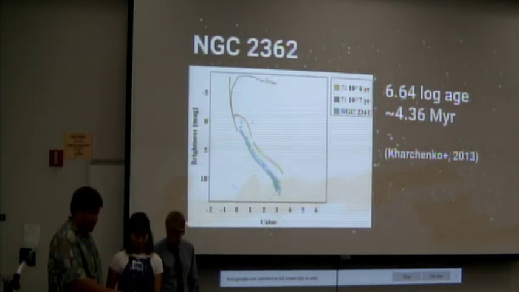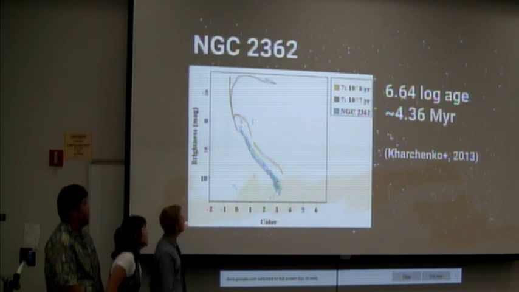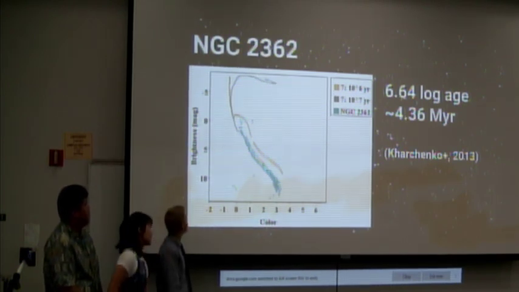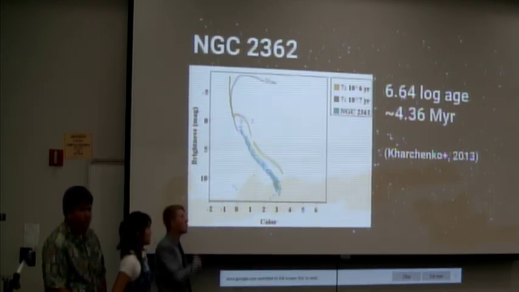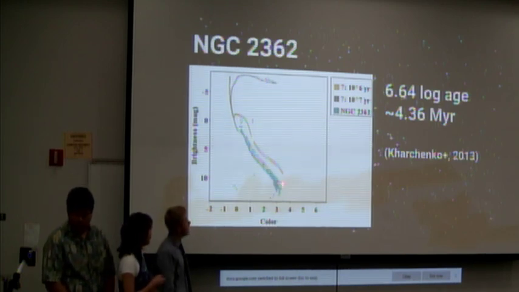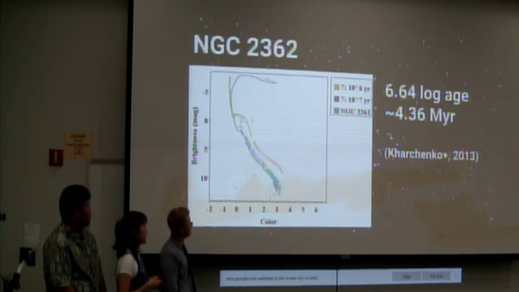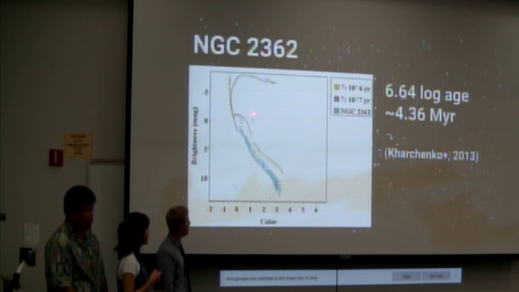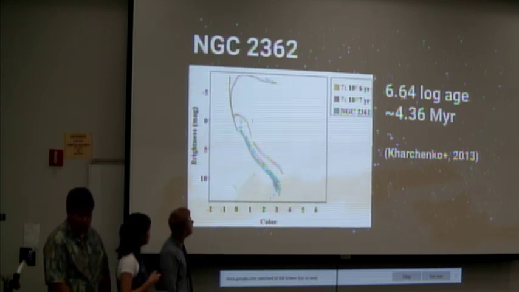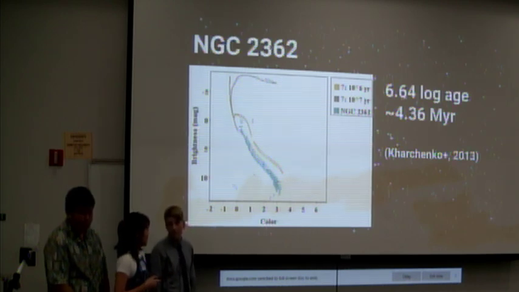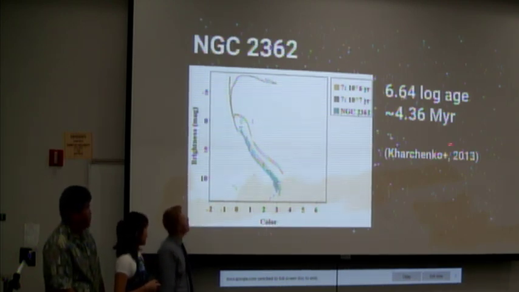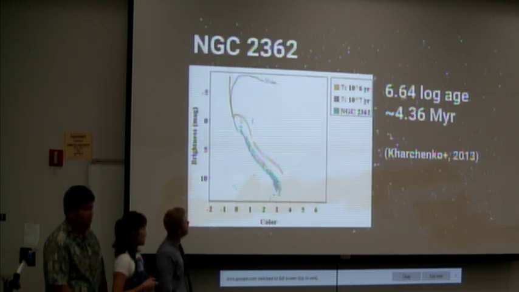Okay, so this is another cluster we should also look at. This cluster is about 4.26 million years old, so in log age it's about 6.64. You can tell that it's following the trend for a cluster, or the model for a cluster, that would be about 10 million years old. The reason that it's not exactly a nice cone is because they're just models.